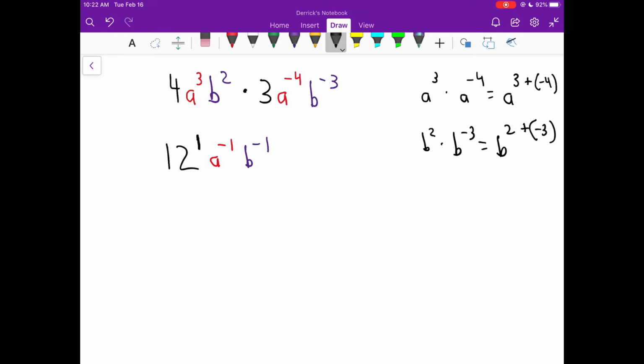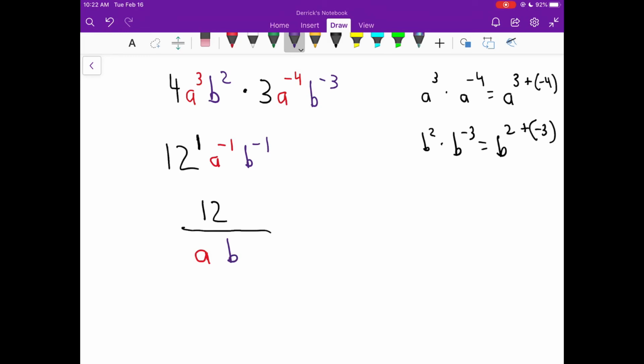So when I'm looking at what I'm going to have to do, the 12, being as it's to the positive first, it's fine where it's at. 12 doesn't need to have anything done to it. The a and the b, those are the negative exponents that we need to deal with. Since they're negative exponents, we know from our properties we need to find their reciprocal. Or in other words, since they were in the numerator with 12, we need to move them down to the denominator.